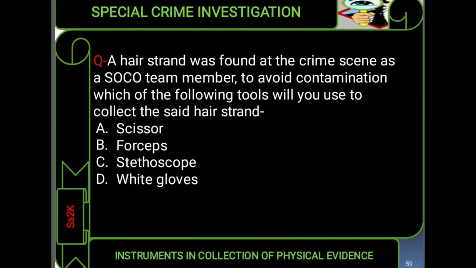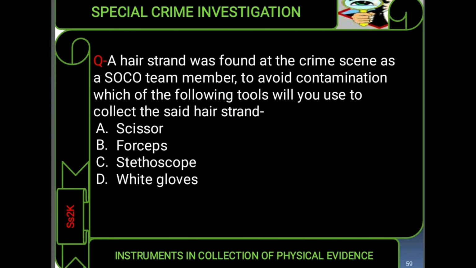Okay? Next question. A hair strand was found at the crime scene. As a SOCO team member, to avoid contamination, which of the following tools will you use to collect the said hair strand? Letter A, scissor, B, forceps, Charlie stethoscope, and Delta white gloves. No? So hair strand. This was given before, no?